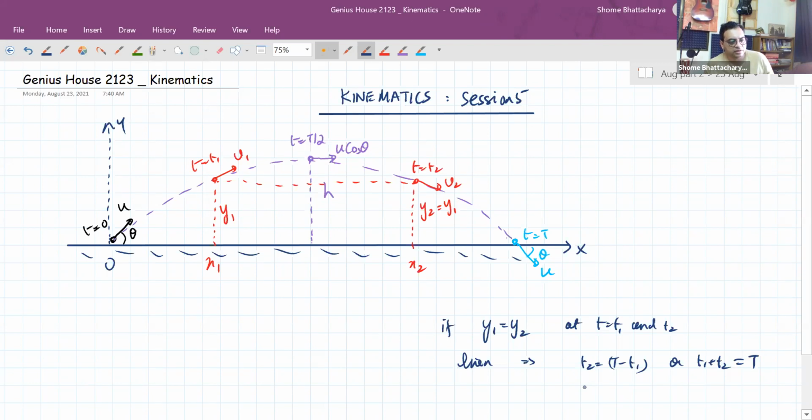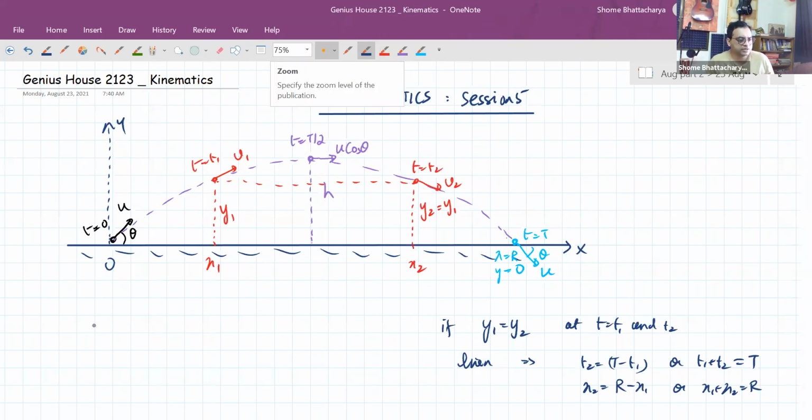And x2 is equal to range minus x1, or x1 plus x2 is equal to the range. Where of course, when it reaches this position, you can see that the x coordinate is the range and the y coordinate is 0. So that was about the symmetry in the ascent and descent part of the motion.